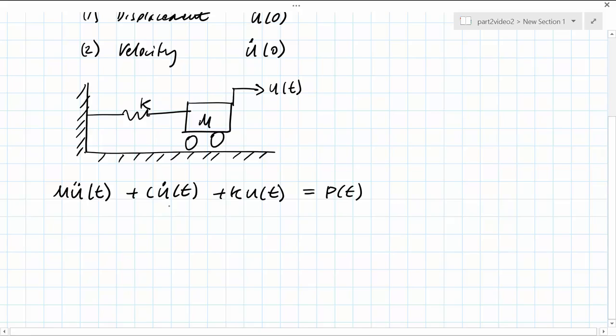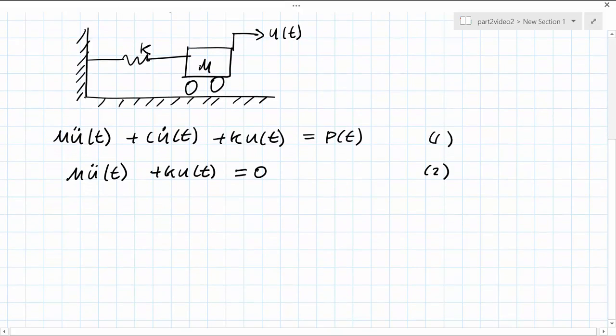So, for the free undamped vibration problem, this becomes the inertial force plus the stiffness force, and that's equal to 0. This is a homogeneous ordinary differential equation. To analyse the free vibration response, we need to solve for u(t).